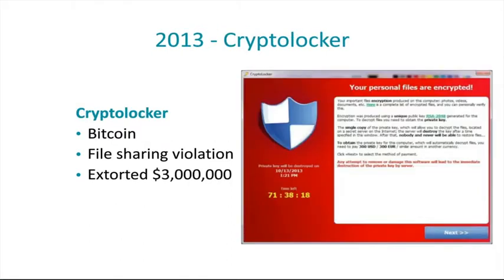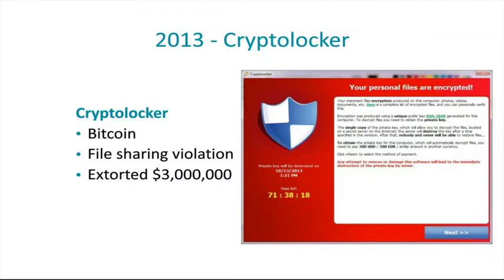In 2013, Cryptolocker burst onto the scene, which utilized very strong encryption. Actually a 2048-bit RSA key pair. After the creation of this encryption key, it uploaded it to their command and control server and began encrypting only certain files on your computer.